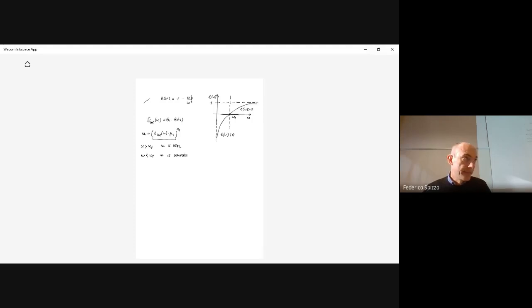Just because maybe one is more used to distinguishing electromagnetic waves not on the basis of the frequency but on the basis of the wavelength, I will evaluate not omega p but the wavelength corresponding to omega p.